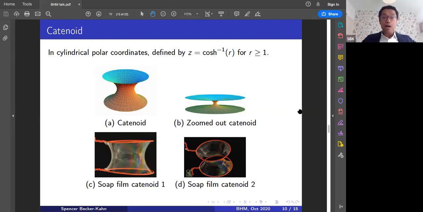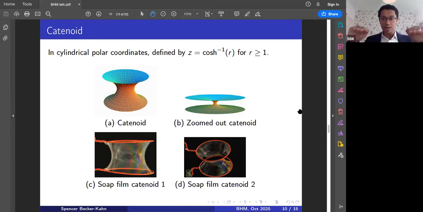For very large values of r, if you look at picture B, so that's kind of zoomed out, inverse cosh is a bit like log r. So the height of the surface above the z equals 0 plane is about the logarithm of r.